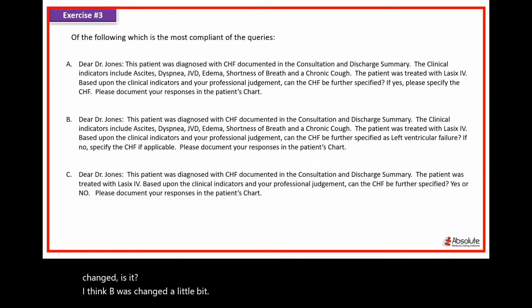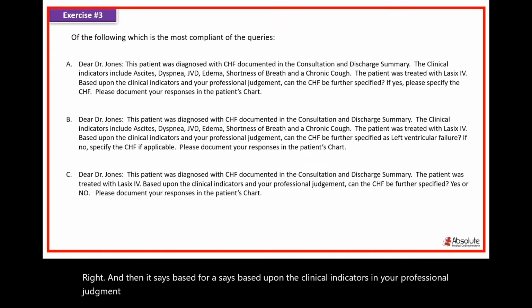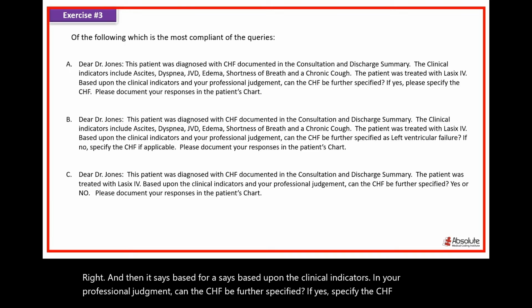All right, so I'll just read the question. They all have the clinical indicators, right? For A, it says, based upon the clinical indicators in your professional judgment, can the CHF be further specified? If yes, specify the CHF. Please document your responses in the patient's chart.